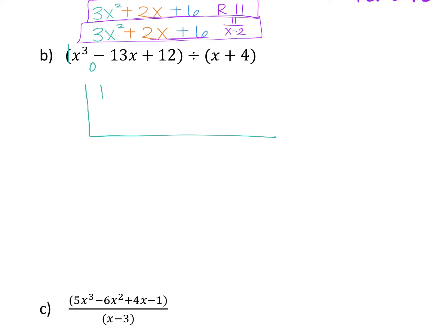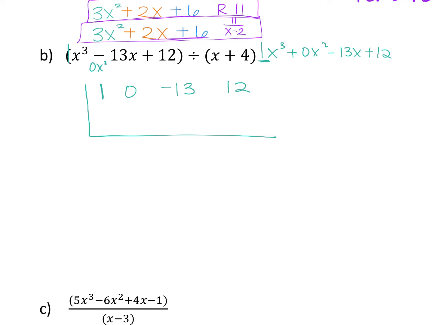And then there's a 0x squared there, right? We don't have an x squared, so the number you write in for that is 0. If you need to see that, it's x cubed plus 0x squared minus 13x plus 12, right? That's what we're starting with. So a 1 for this guy, a 0 for this guy. So what would come next? Negative 13, and then positive 12.